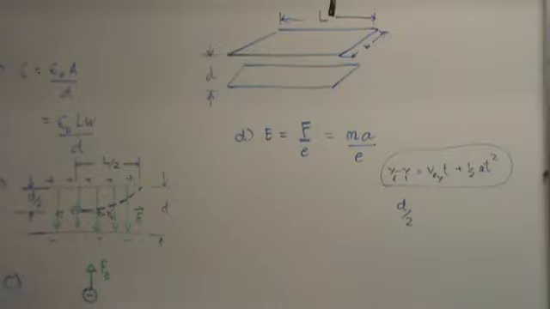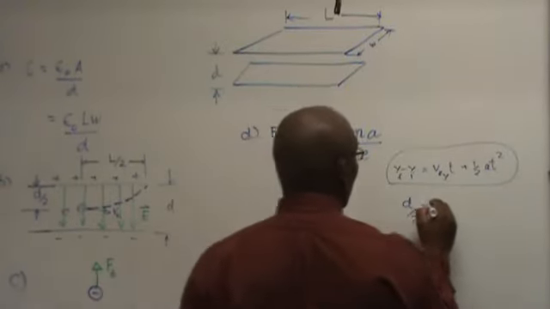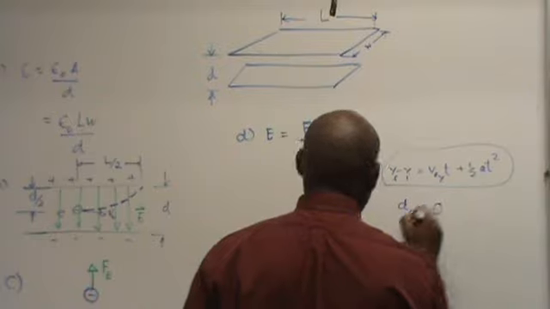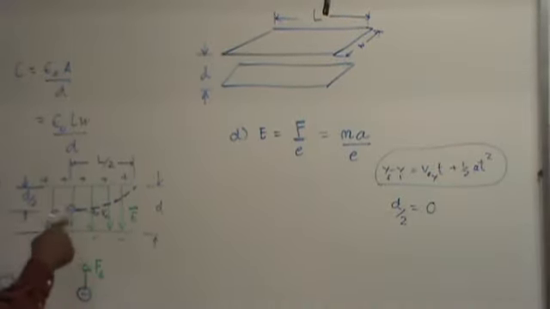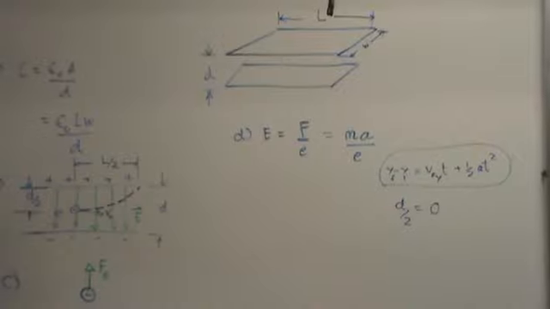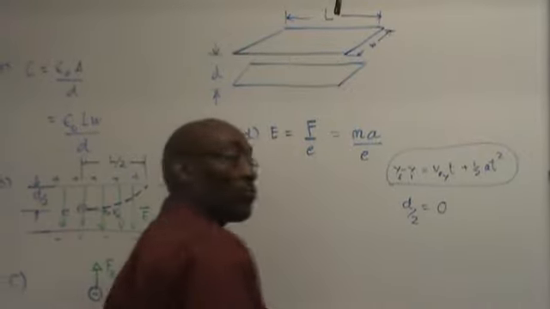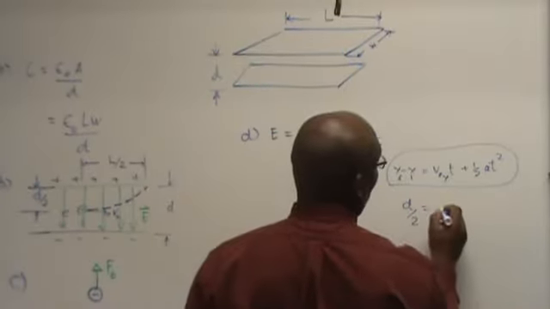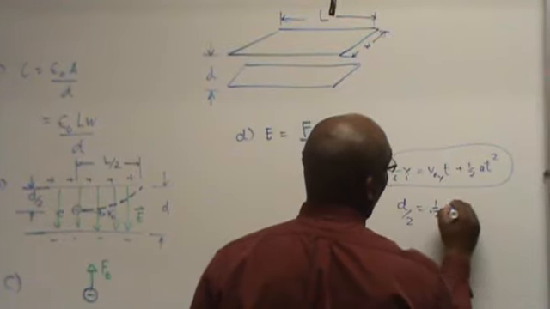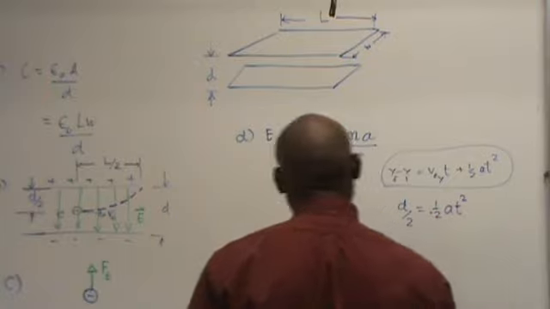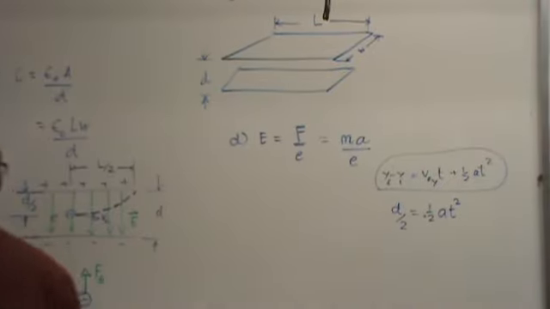The initial y is going to be 0. There is no y component here. So that's 0, plus 1/2 a t squared.